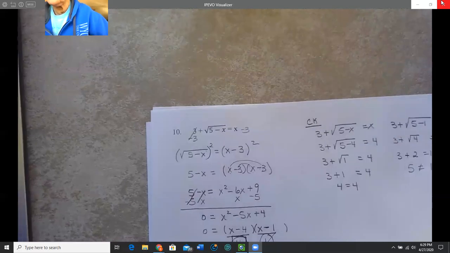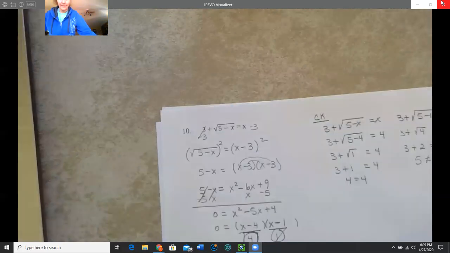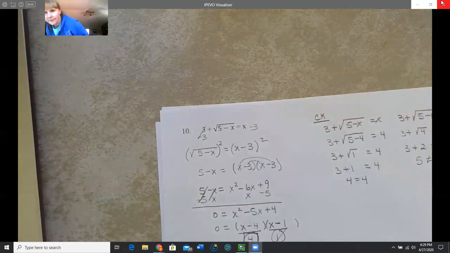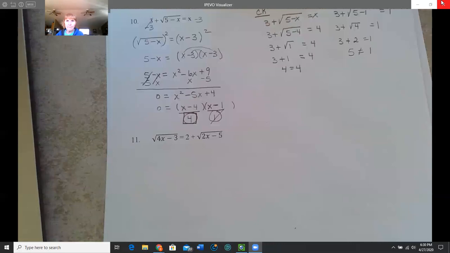Okay, it didn't work, so I'm going to try to move my whole table back. There we go. Sorry. Okay, that worked. Perfect.